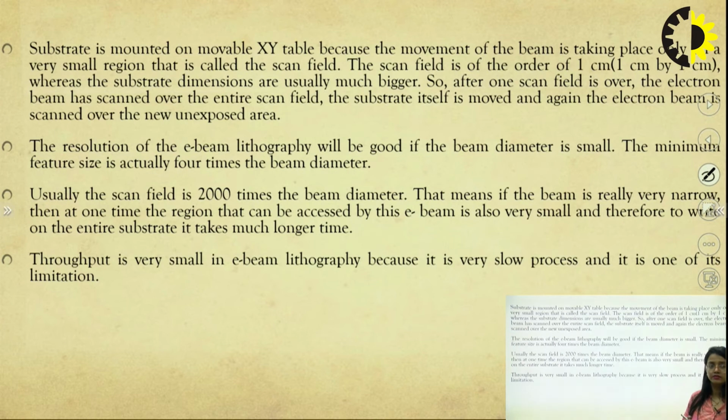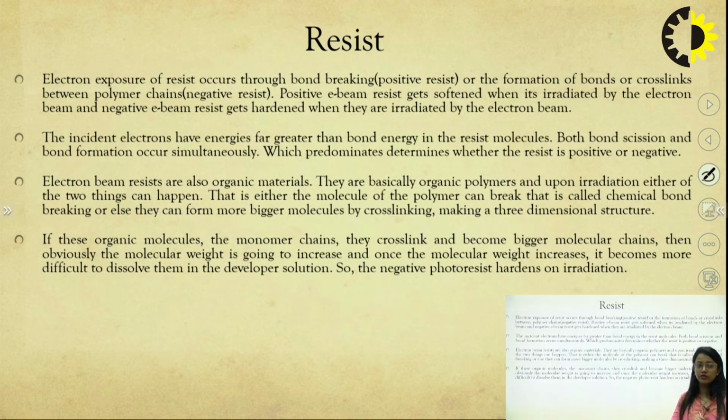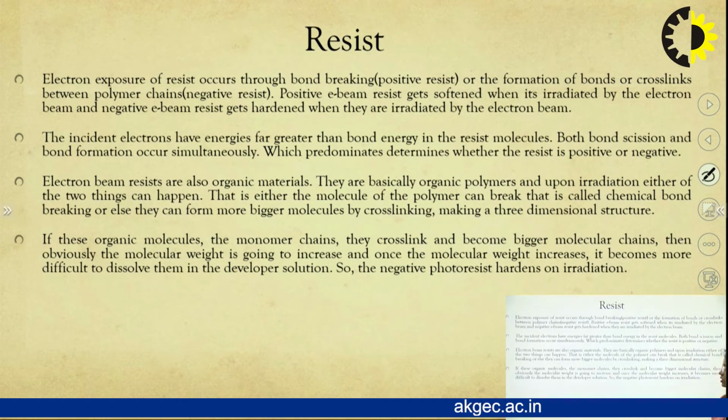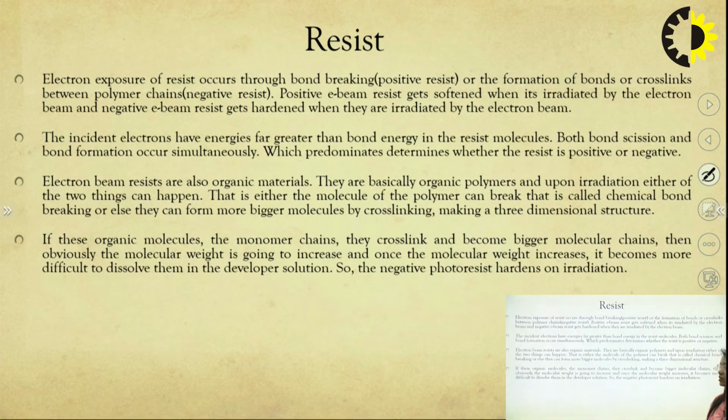Now, if we talk about resist, electron exposure of resist occurs through bond breaking. So here is a case of positive resist, or formation of bonds or cross links between polymer chains. So this is a case of negative resist. So positive electron beam resist gets softened.